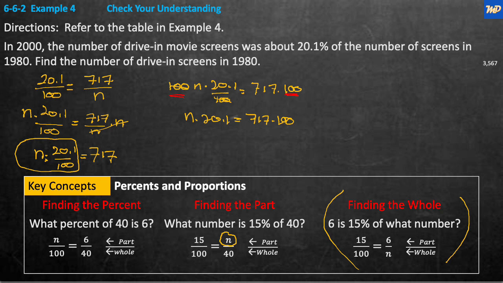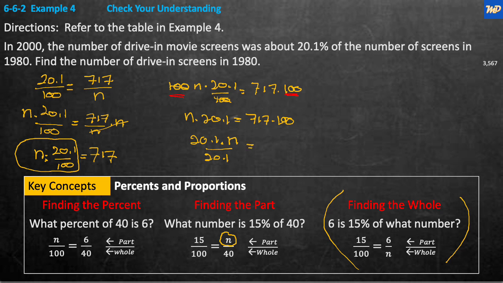Okay, we're there. So now we have to divide both sides by the 20.1. So 20.1 times n over 20.1. To get rid of the 20.1 here on this side, we have to divide or multiply by the reciprocal.